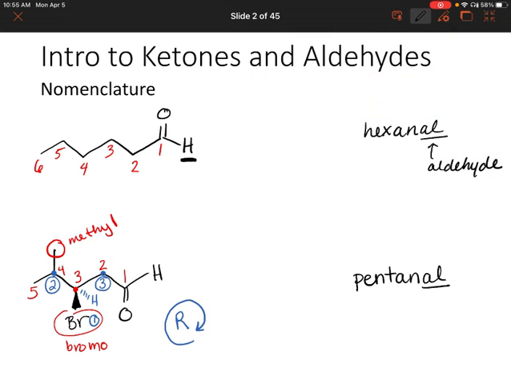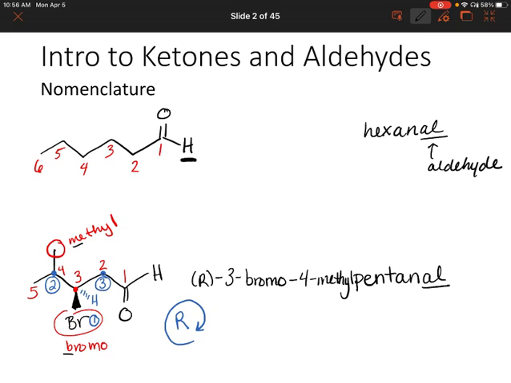It's just R. All right, we also have to alphabetize our substituents. So bromo will come before methyl. So this would be R-3-bromo-4-methylpentanal.